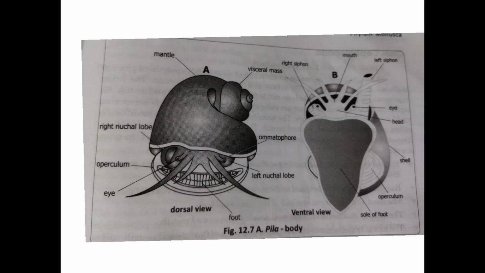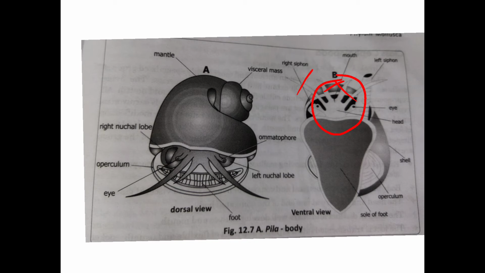Then the head is distinct. The head region bears the mouth and small tentacles. There are 4 tentacles, so mouth, tentacles, and eyes are there. The visceral mass is the group of visceral organs that is coiled into the shell.